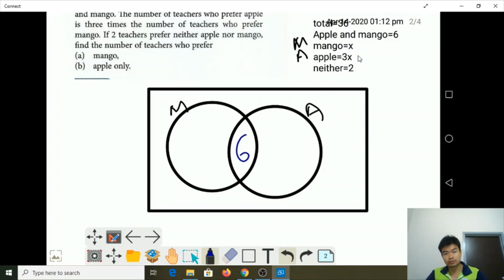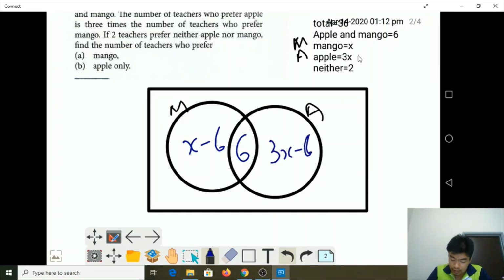Now I can fill the outer layers. For mango, according to the information I listed, it is x, but I cannot straight away write x because there is no keyword 'only'. So this should be x minus 6. And apple should be 3x minus 6.